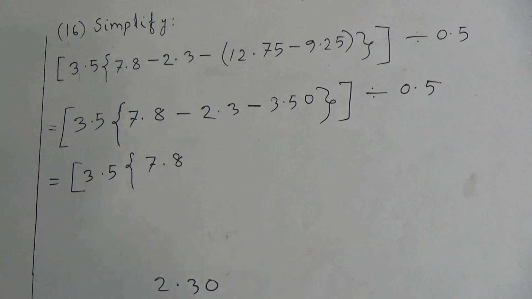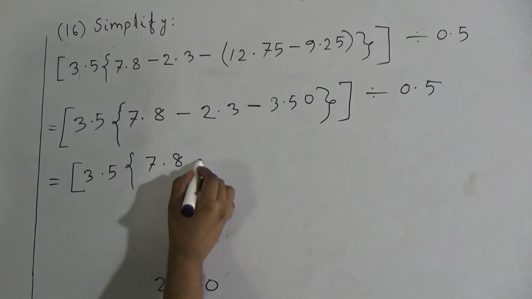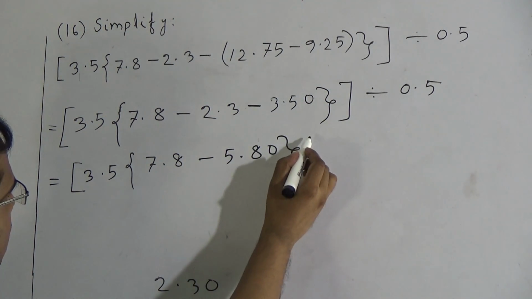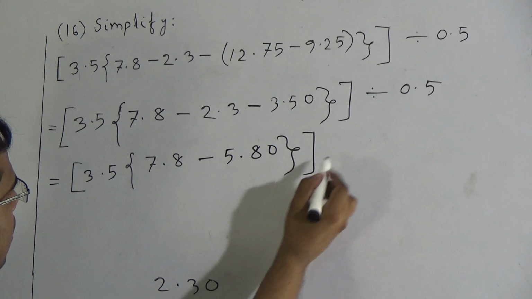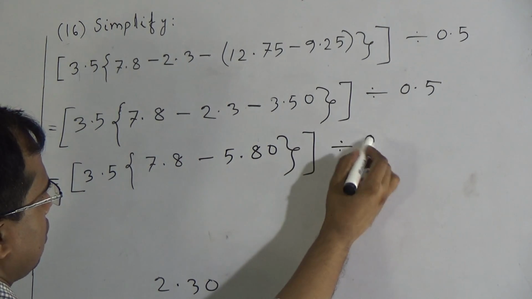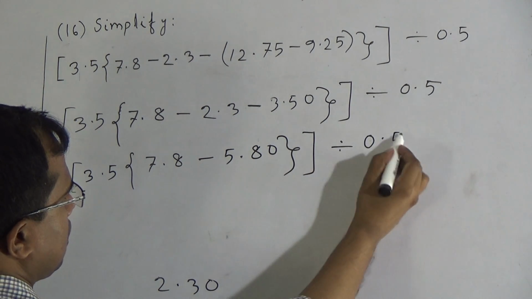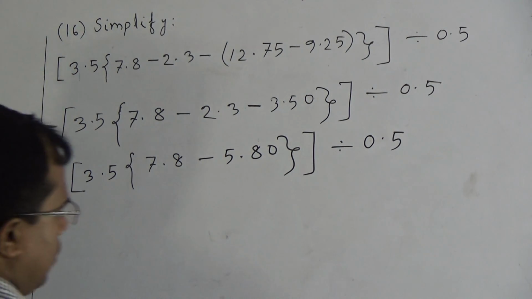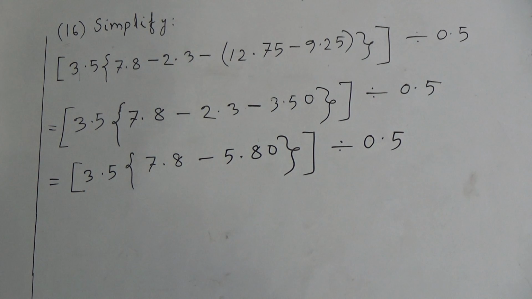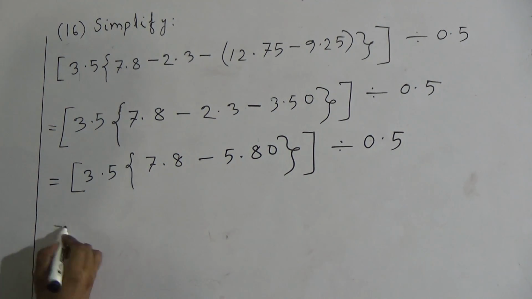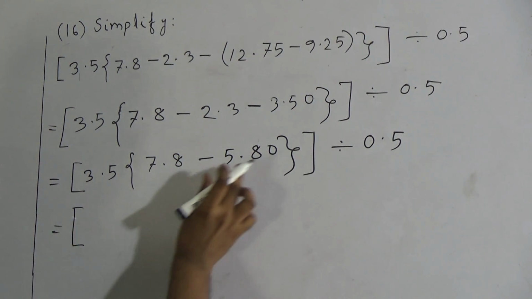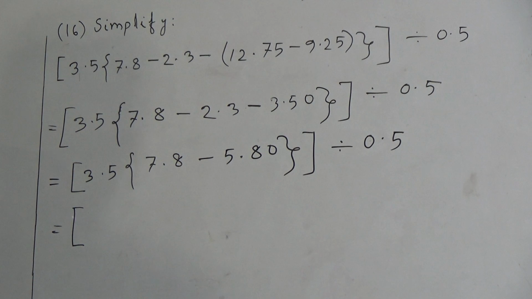That means 7.8 minus 5.80. Second bracket, third bracket, division sign, then 0.5. Now we have to subtract 5.80 from 7.8. 7.8 and 7.80 are the same. That means we can consider we have to subtract 5.80 from 7.80.